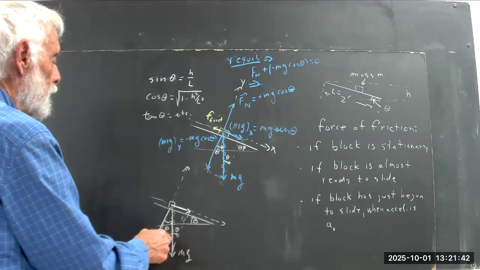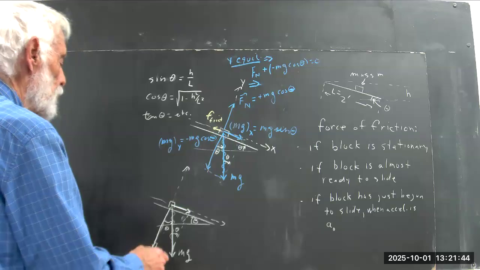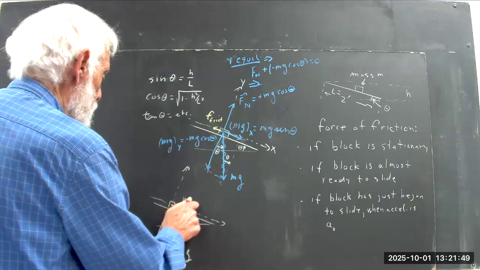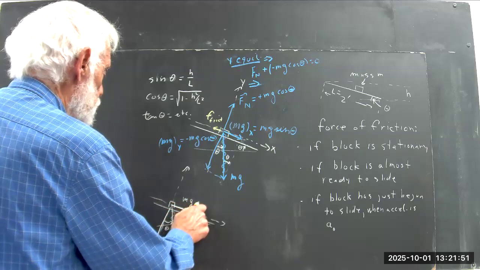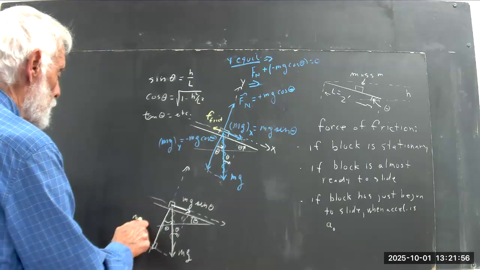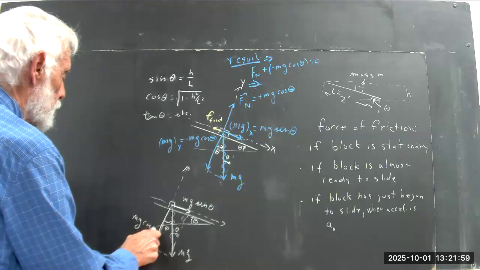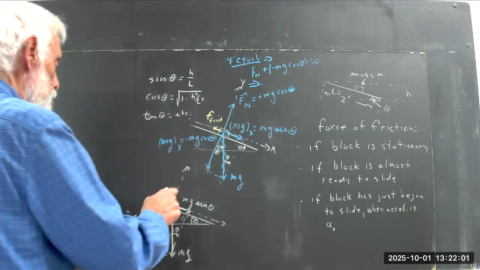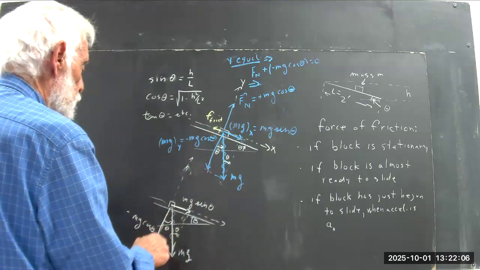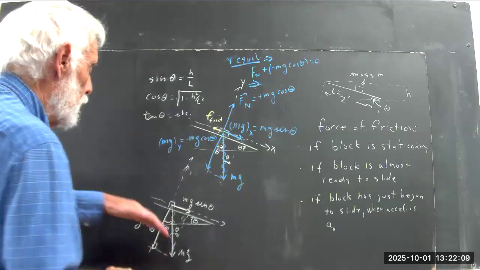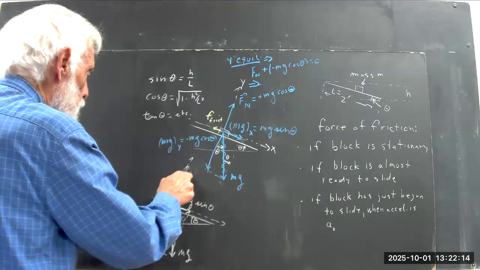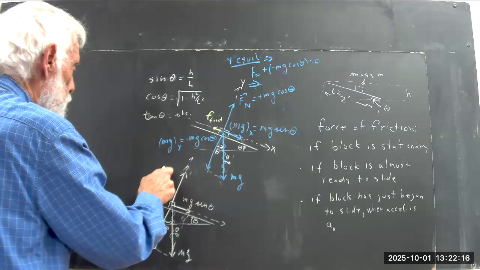So you have the angle theta here, the angle theta here, and just using your basic trigonometry, you find that this force is mg sine theta, and this force is negative mg cosine theta. Then, if you have no other forces in the vertical direction, you have equilibrium in the y direction. So you're going to have a normal force to equilibrate that.